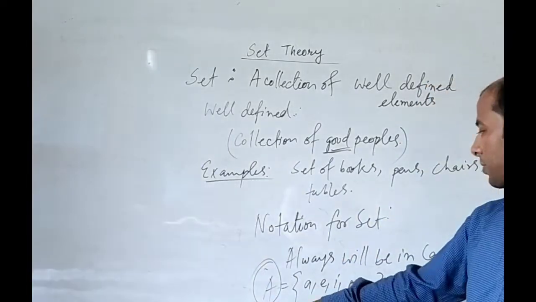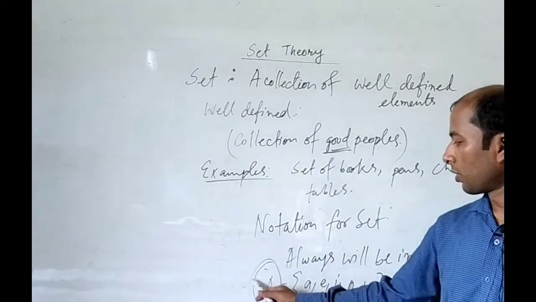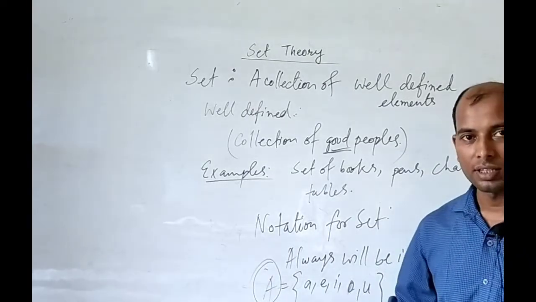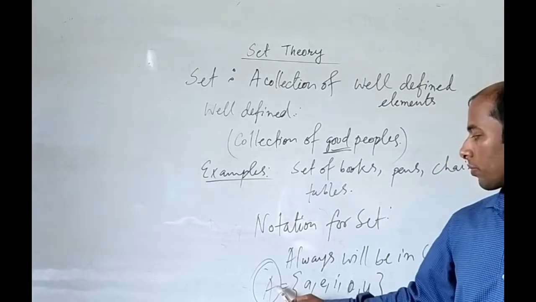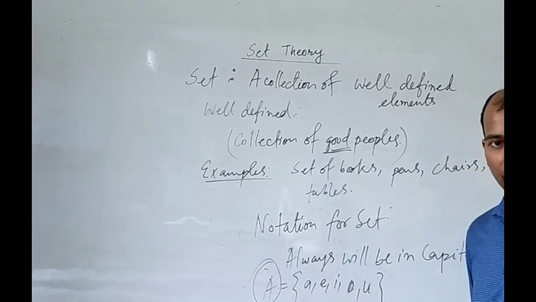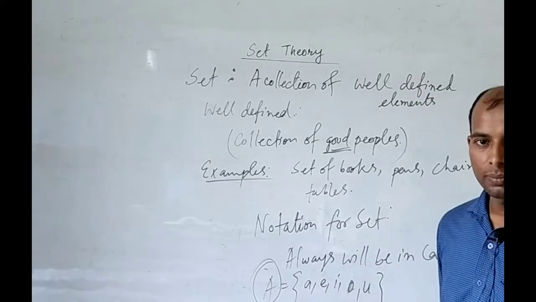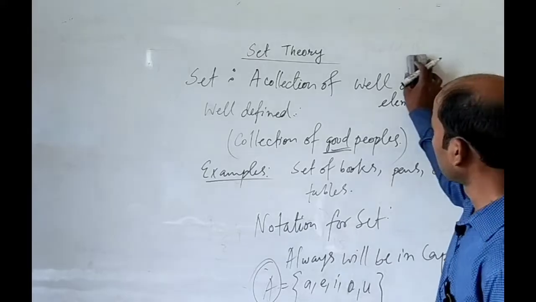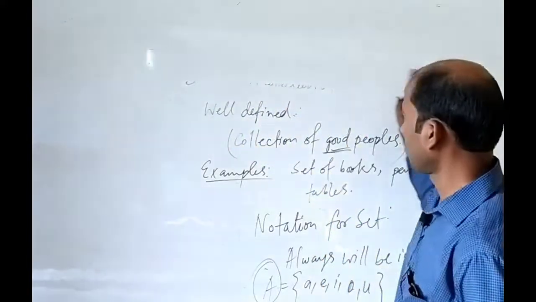So what we have seen is that when we represent any set we use capital letters, the elements will be in second brackets, and the elements will be in small letters.